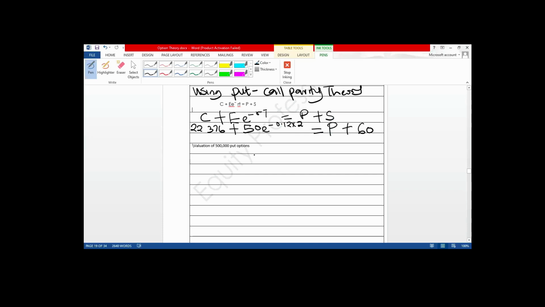P. This is 22.376 plus 50, shift ln, negative 0.12 multiplied by 2.